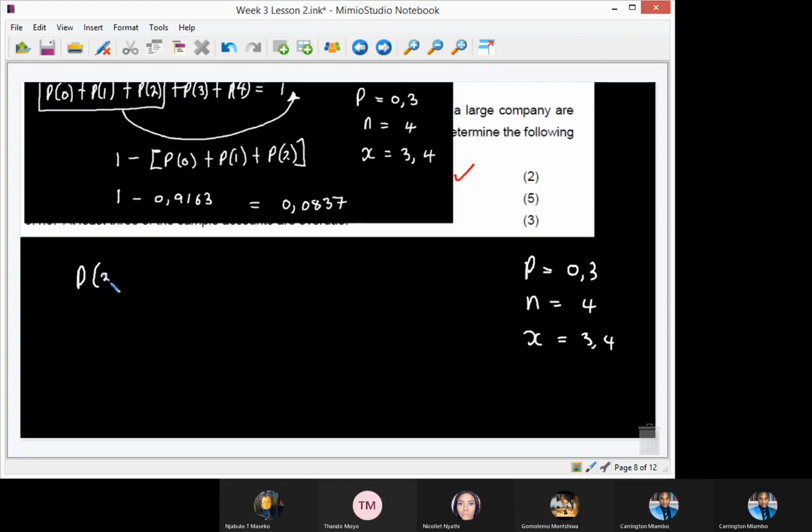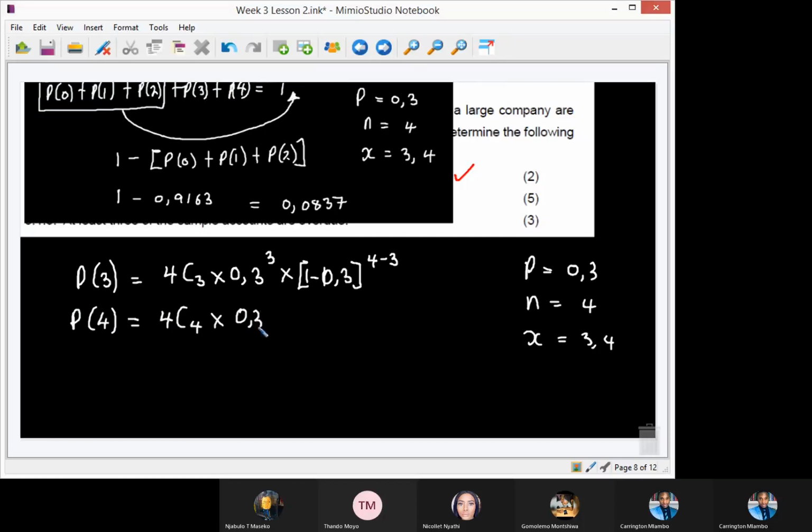You calculate probability for 3, which is 4C3 times 0.3 to the power 3 times (1 minus 0.3) to the power 4 minus 3. Then you do for 4, which is 4C4 multiplied by 0.3 to the power 4 multiplied by (1 minus 0.3) to the power 4 minus 4.